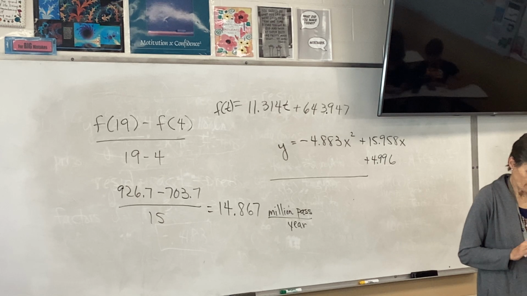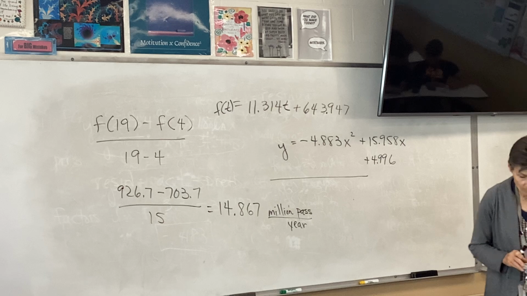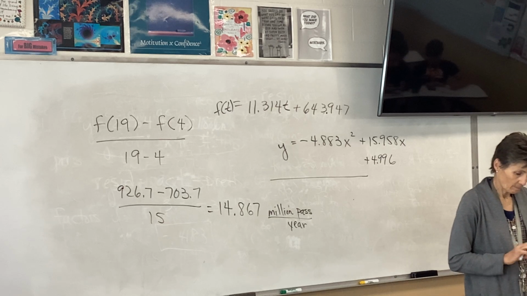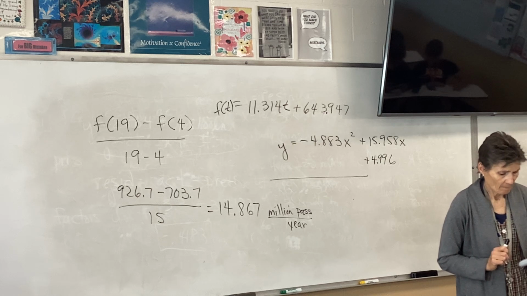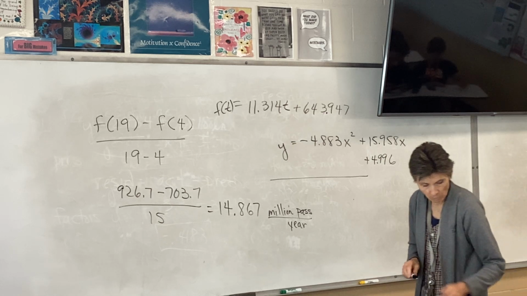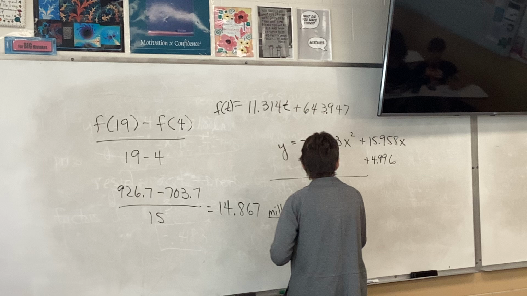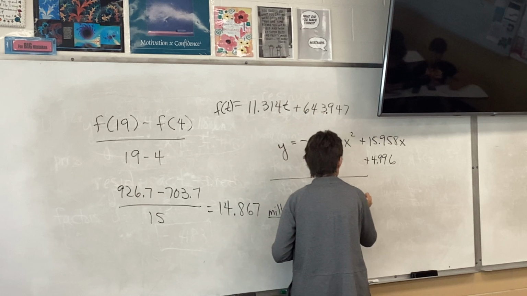I'm almost there, I had to resave my stuff. What am I typing in? 23? What'd you get, Alex? 904.178. That's right, 904.178. So F of 23 was 904.178.